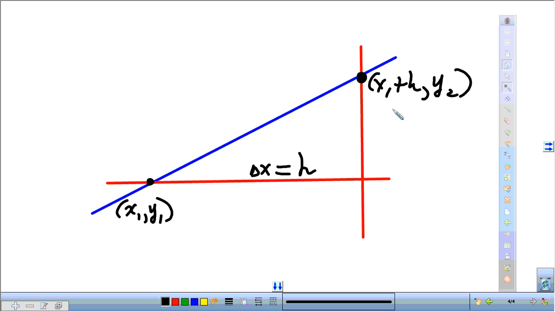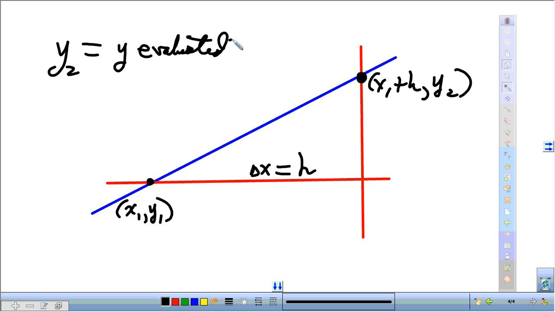And the next point y. But y2 we want to look at as what we would get if we evaluated y at the new value of x.